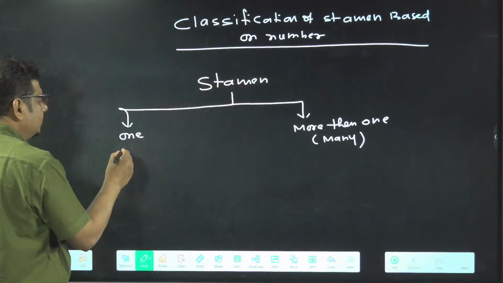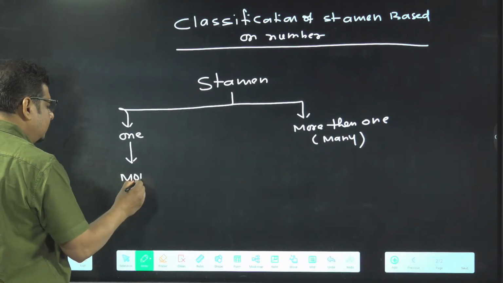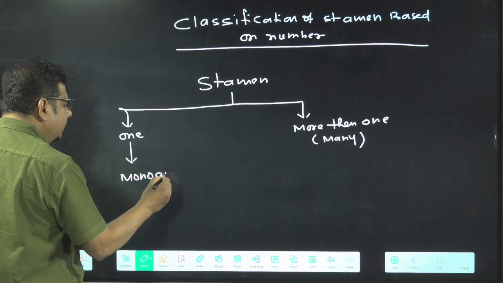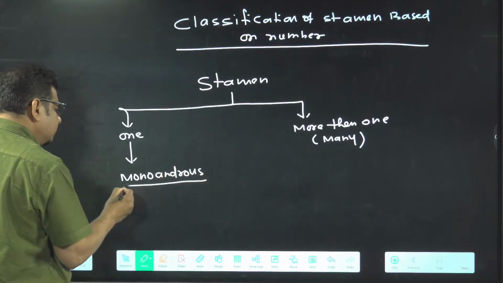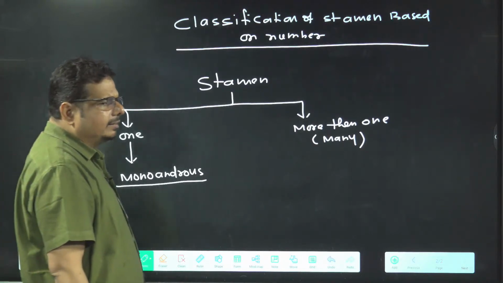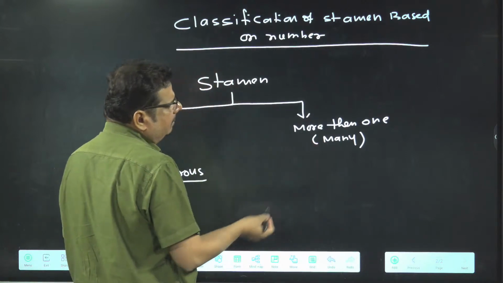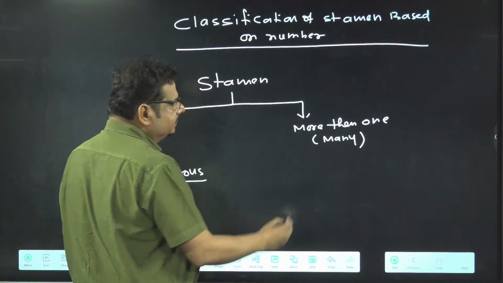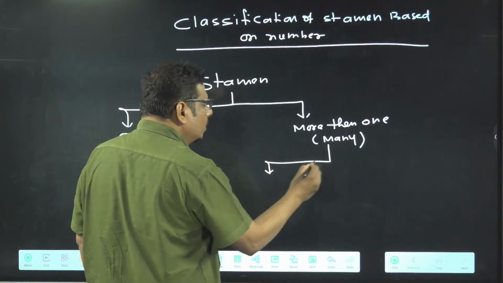When the number of stamen is 1, it is called, a technical term I am writing, monoandrous. A single stamen is called monoandrous stamen. If the number of stamen is more than 1, then in that case there are 2 possibilities.